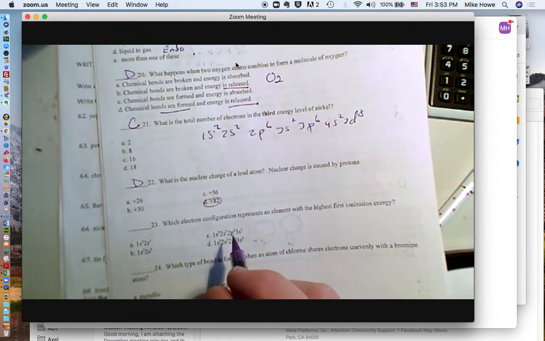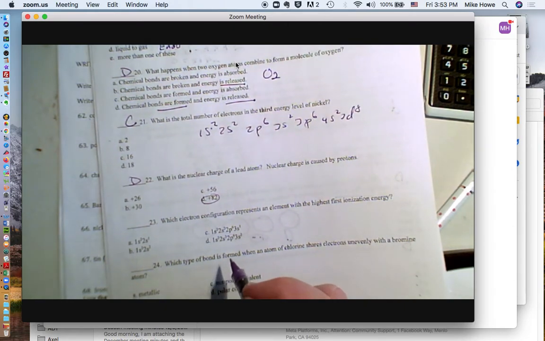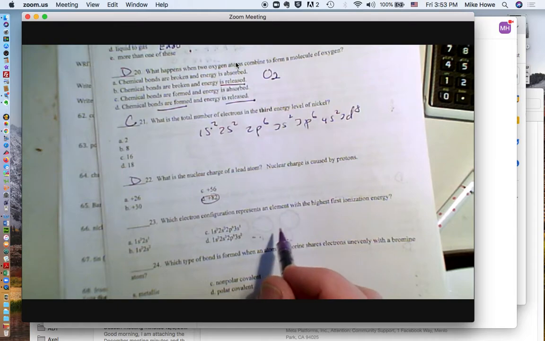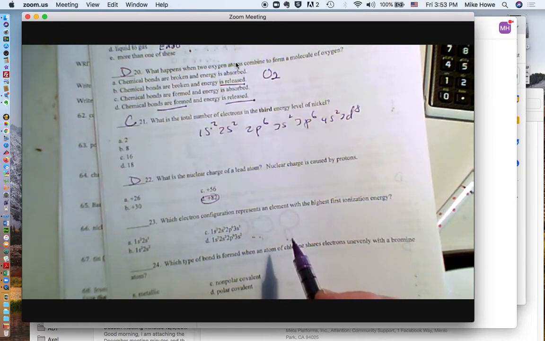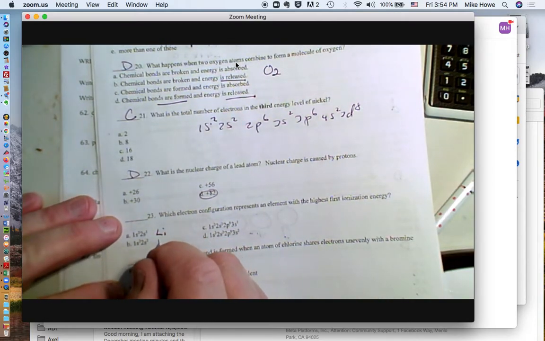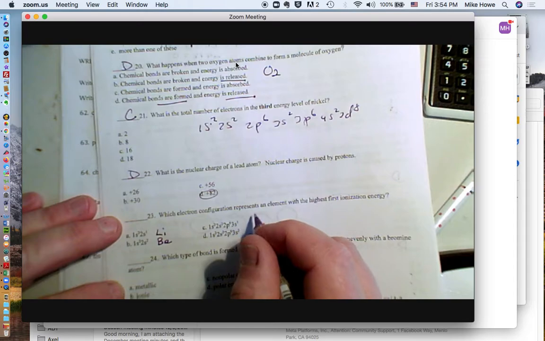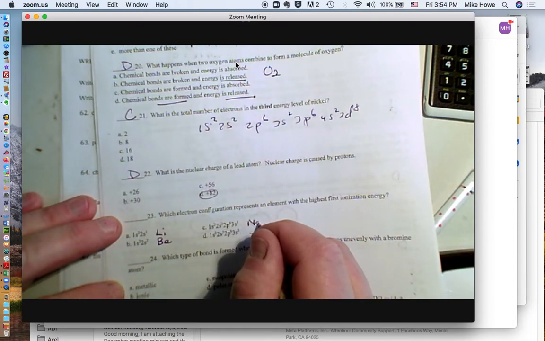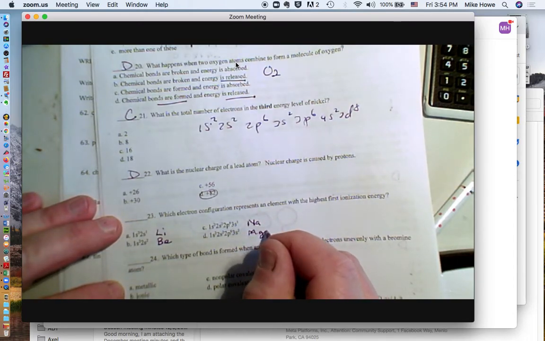All right. The highest first ionization energy, would that be a big atom or a small atom? So if it takes a lot of energy to get an electron away from an atom, it's going to be a small atom. So this atom is lithium. This atom is beryllium. This atom is sodium. This atom is magnesium.